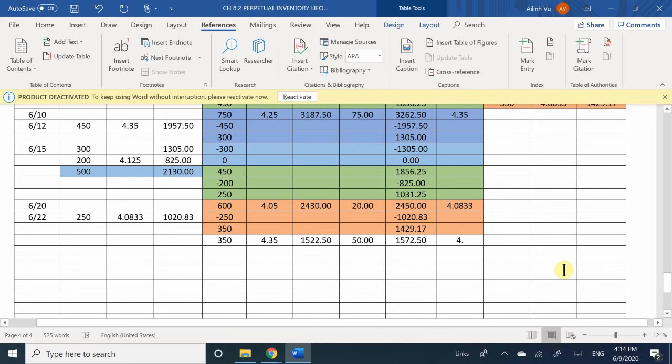No hurry. 4.35, got my 1522.50, plus the 50 for freight, 1572.50, divided by 350. Oh wait, I'm doing it again.